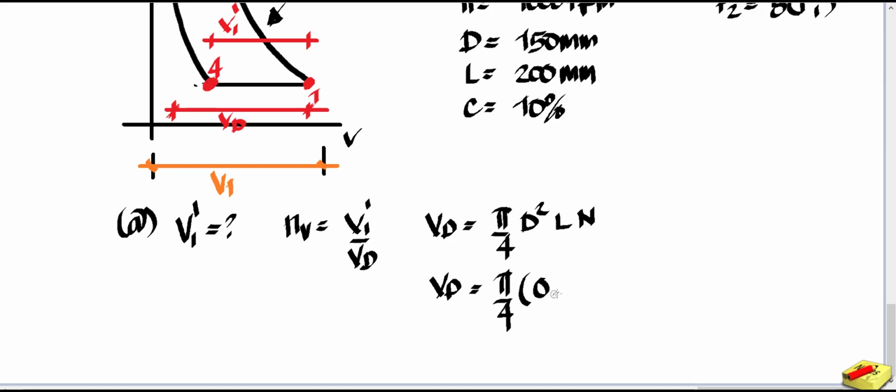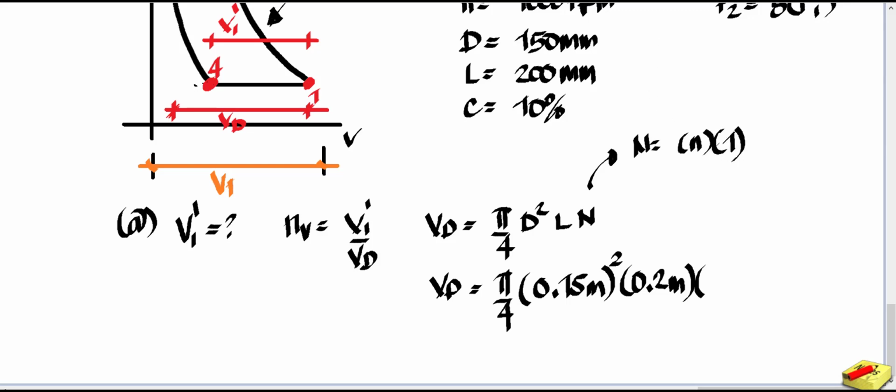I'm going to convert that already to 0.15 meters. That will be squared. Then I'm going to multiply it by the length of stroke, so that will be 0.2 meter. Then multiplying it by N. So usually your N is equal to your small n multiplied by 1. Since it is a single acting type, we'll be using that one.